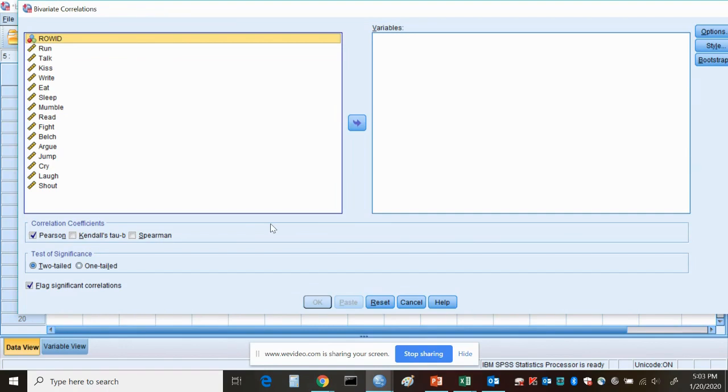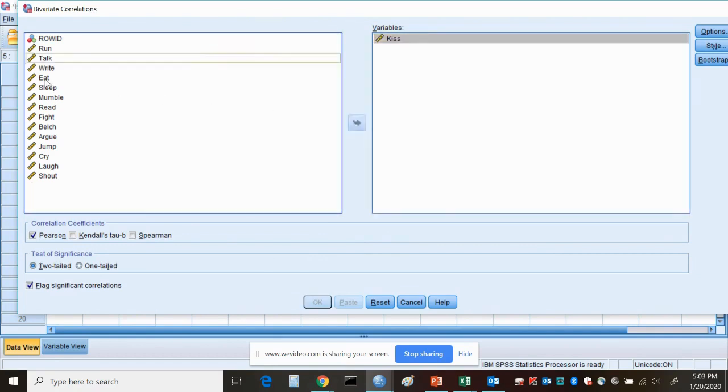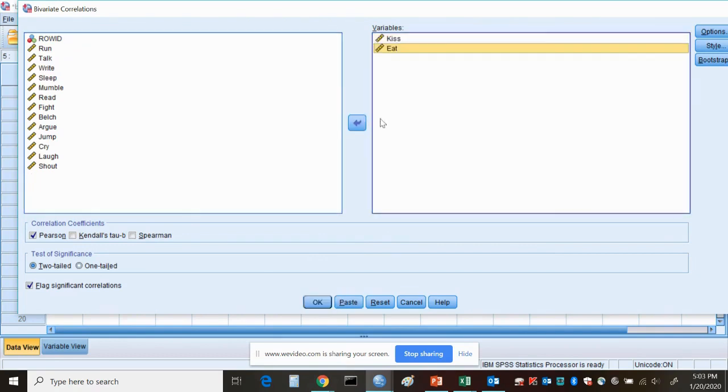So let's say that we want to look at the relationship between people's preference towards kissing and eating. We go into options.